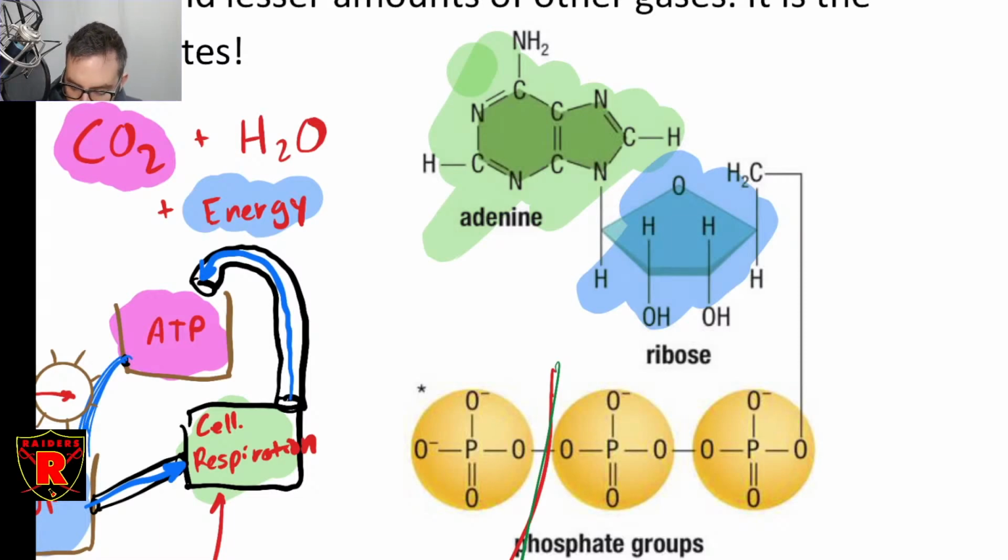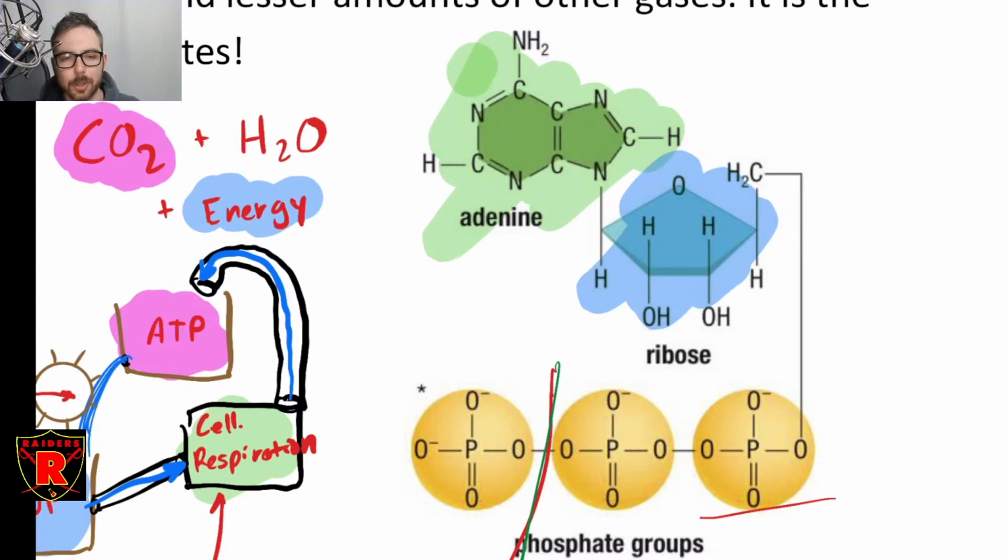You've got a ribose sugar, which again should look familiar. It is the part of the sugar backbone in RNA, ribonucleic acid. So the ribose is the same sugar. And then attached to that are 3 phosphate molecules, which hopefully you remember from grade 10 chemistry.